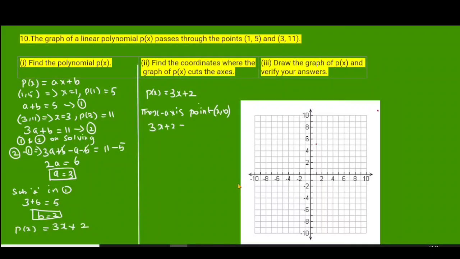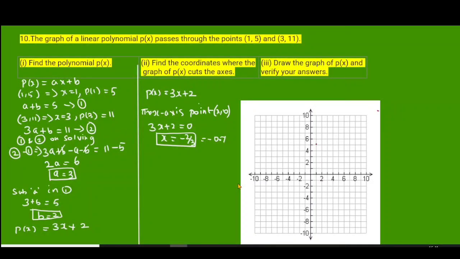So 3x + 2 = 0 gives x = -2/3. Approximately, -2/3 is nothing but -0.6 or -0.7. Approximately we can take it as -0.7.